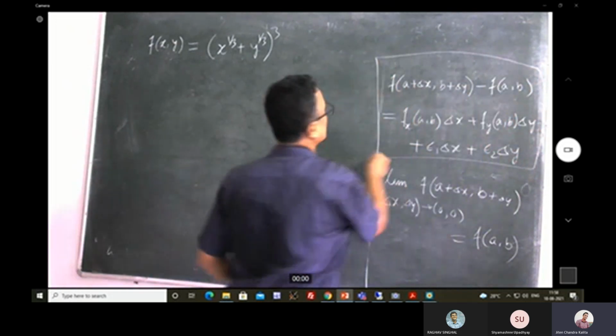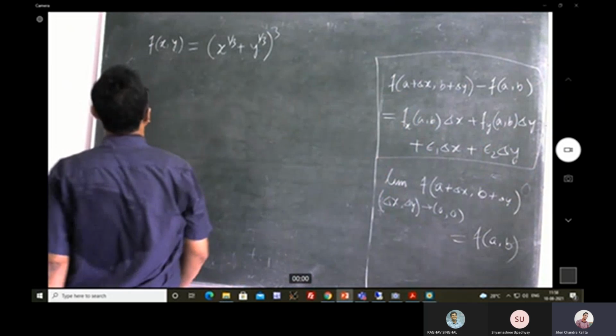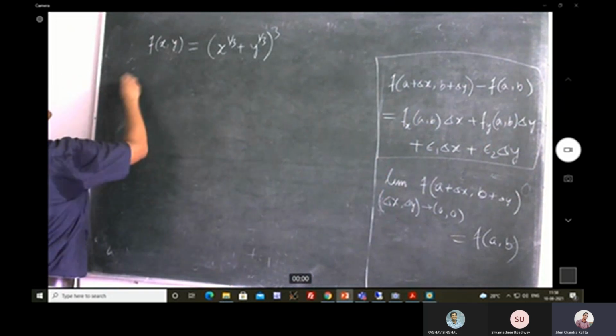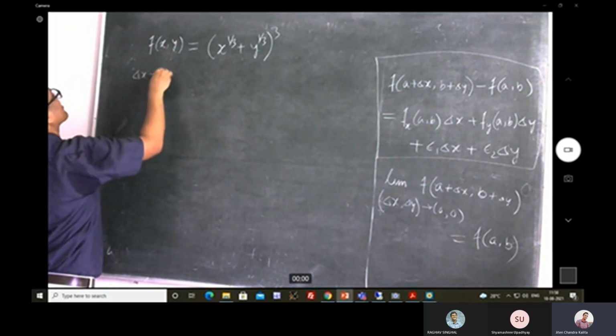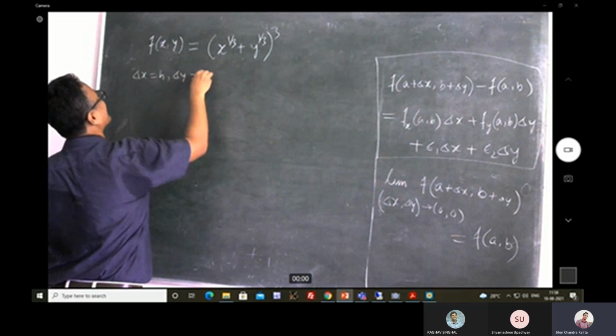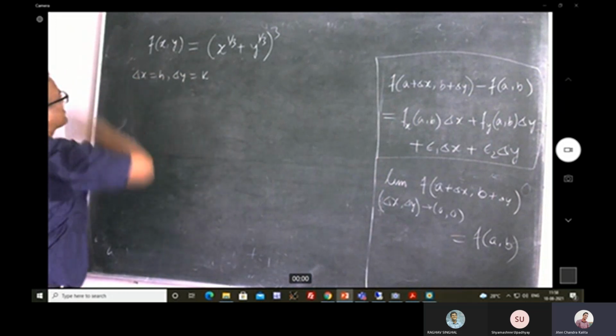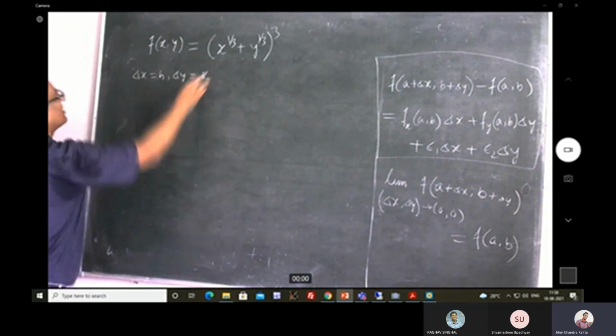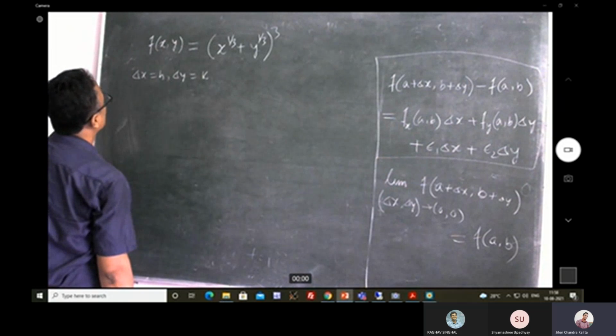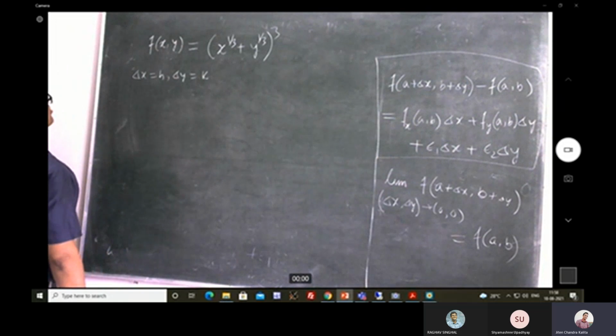Let us call delta x equal to h, delta y equal to k. You could have simply written delta x, delta y, but this will reduce my blackboard writing.